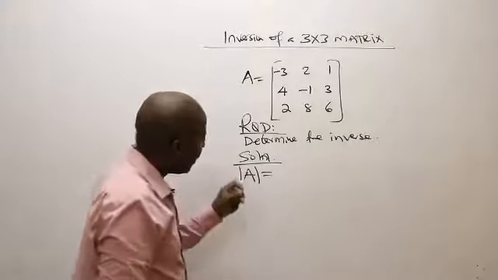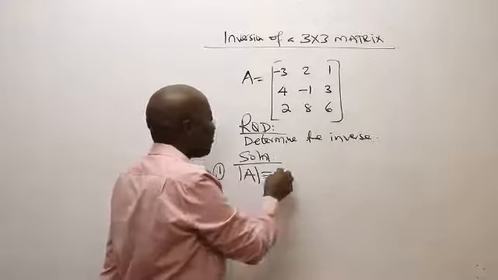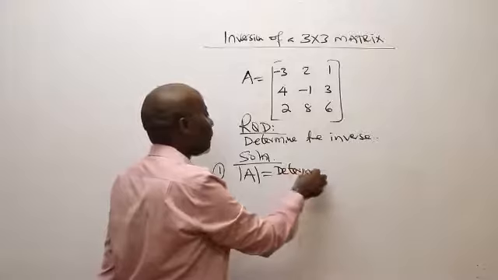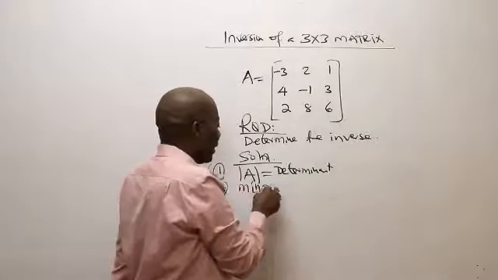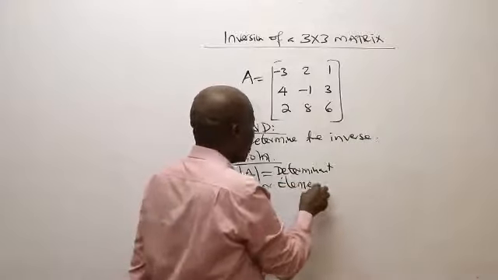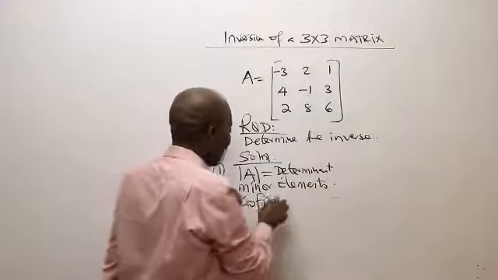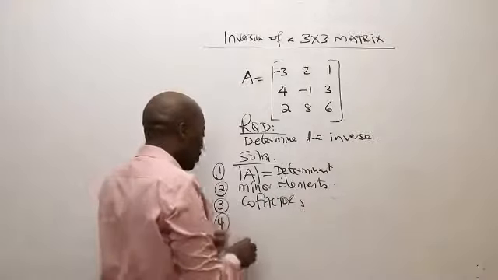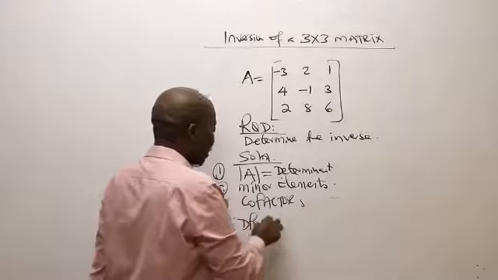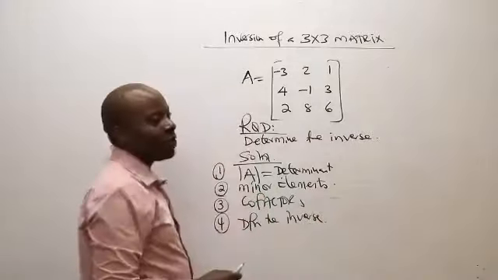Remember here, there are basically 4 steps. Step number 1, you ascertain the determinant. Step number 2, you give us the minor elements. Step number 3, you give us the cofactors. Step number 4, now you define the inverse.